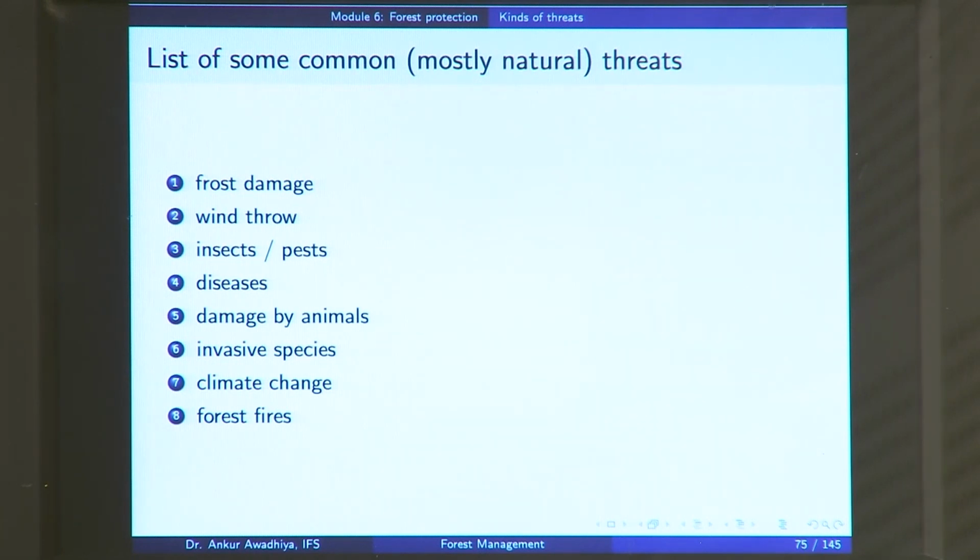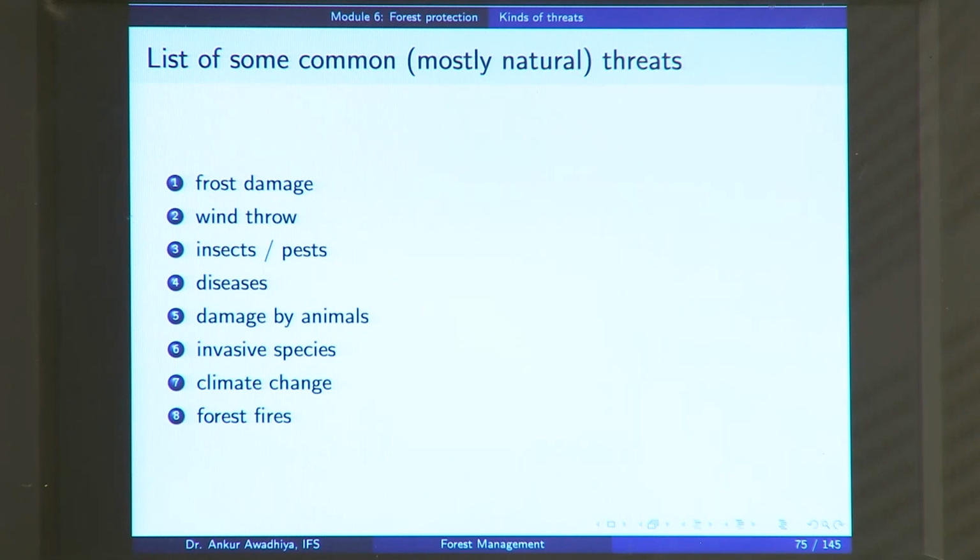In those areas where the temperatures go very low, especially during the night times, there is a chance that the temperature becomes so low that the water starts to freeze, and in that case we will have a situation of frost.